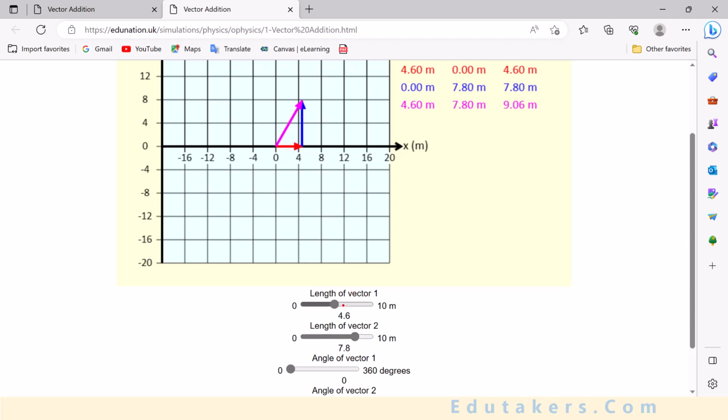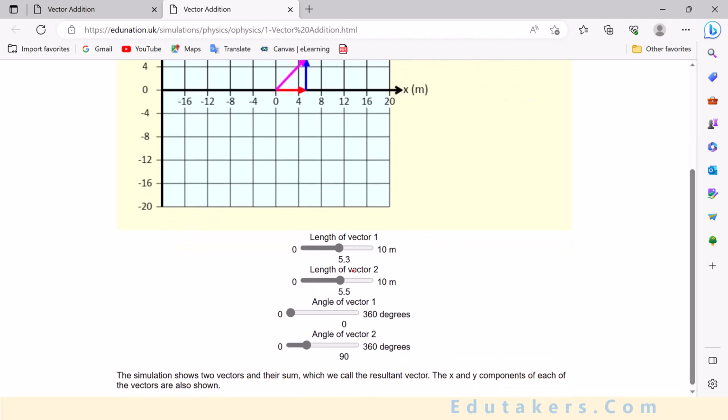So accordingly, when I change the length of the first vector or the second vector, the resultant vector also changes. Instead of changing the length, I can also change the angle. Here it is given that the first vector is at 0 degrees, while the second is at an angle of 90 degrees.